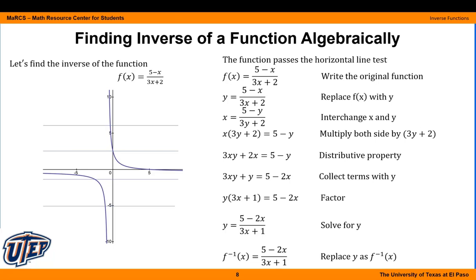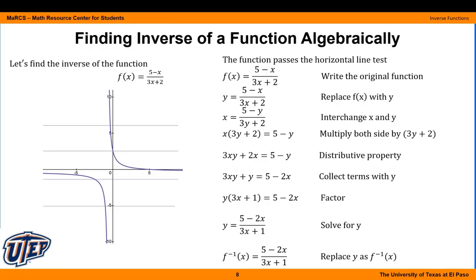Next, interchange x and y, so we get x equals 5 minus y over 3y plus 2. Now, multiply both sides by 3y plus 2 to get x times (3y plus 2) is equal to 5 minus y. Distribute to get 3xy plus 2x equals 5 minus y.